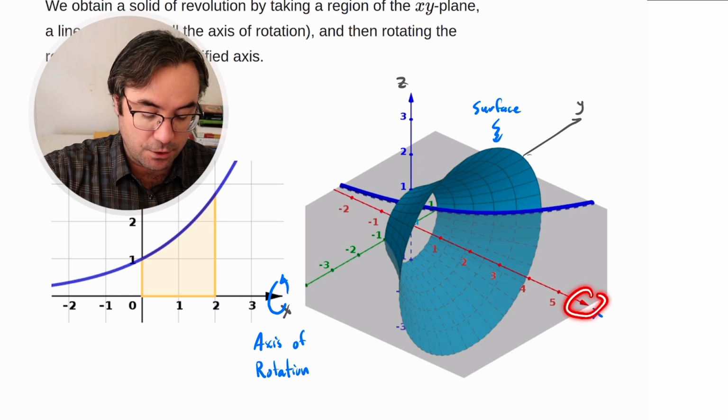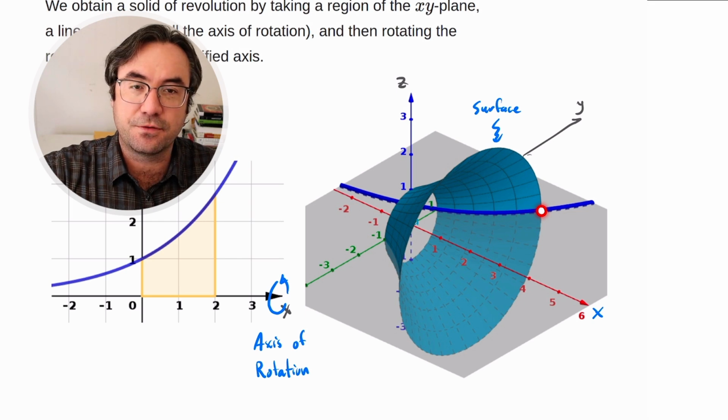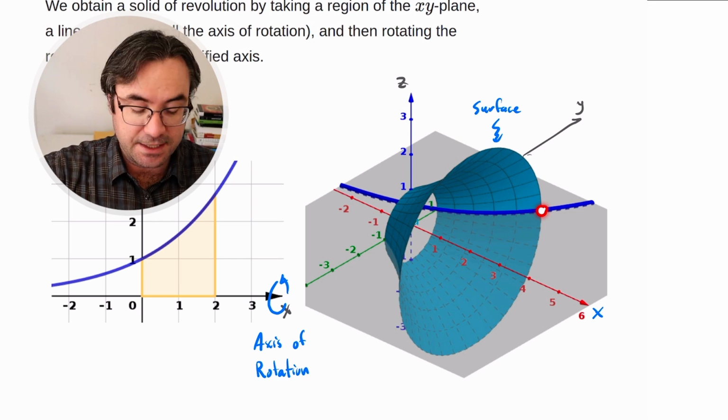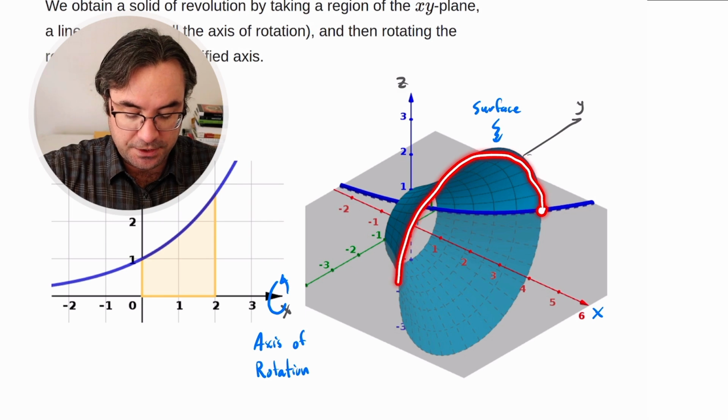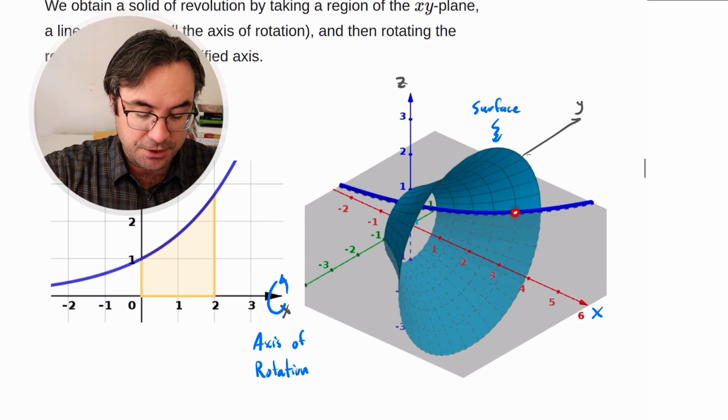So we're going around the x-axis. If you pick one point that sits on the curve and rotate it around the x-axis, that one point is going to trace out a circle. Any point that you pick is going to trace out a circle.